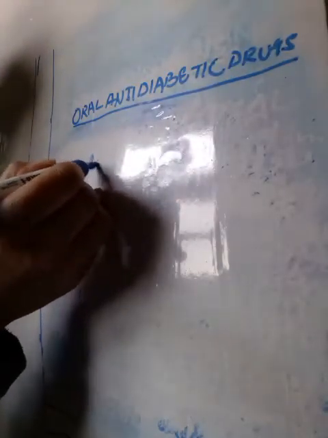Now, the next group of drugs is alpha-glucosidase inhibitors.